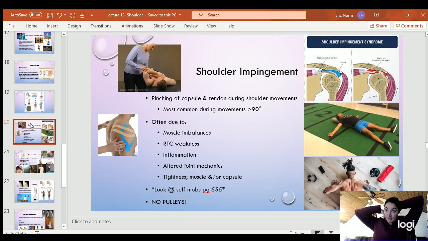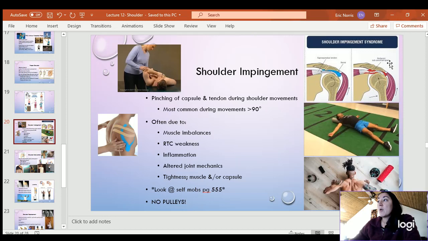With shoulder impingement, we mentioned that it is pinching of the capsule as well as the tendons during shoulder movements. Typically, it's in movements above 90 degrees because that is where those bones become most close together and where the rotator cuff really needs to be active in order to hold the humerus in place and down away from the upper portion.